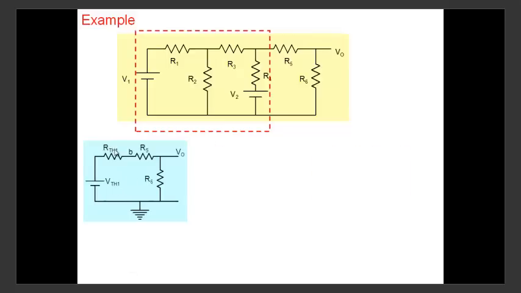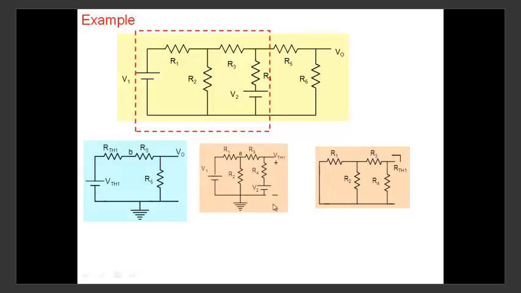We determine V Thevenin by open circuiting these 2 nodes here, so we get a circuit like this. This is a circuit that we have to solve to determine V Thevenin. And this is a circuit that we have to solve for finding R Thevenin. We short the independent sources that you see here, and we get the circuit. This is what we have to solve to get R Thevenin.